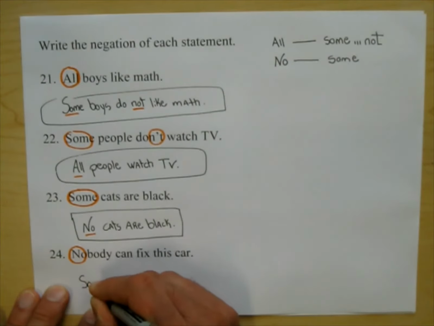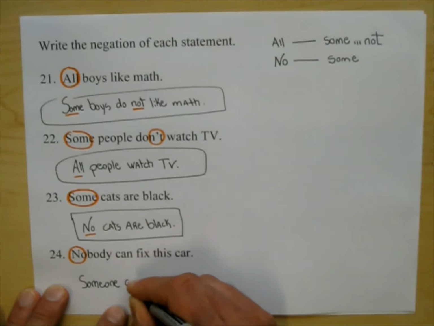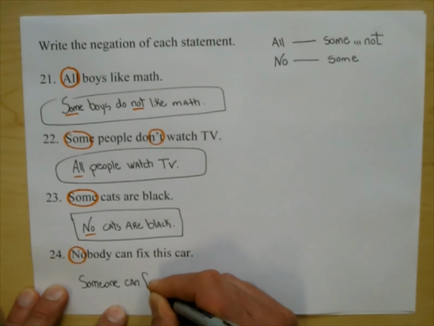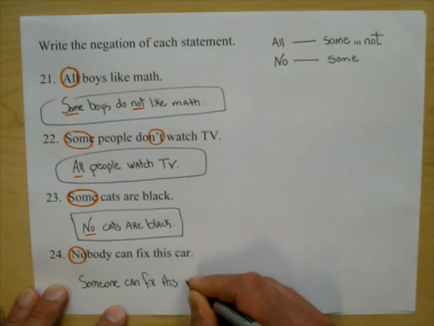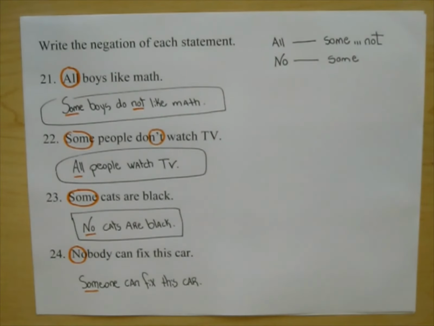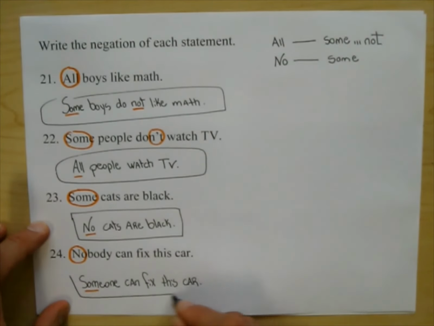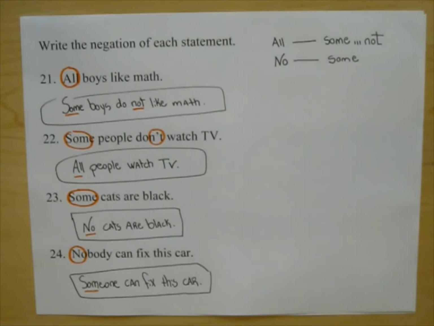So however you want to say it, someone or somebody can fix this car. And so the no got replaced with the some. And we have something that looks like that for our answer. So these are all the negations.